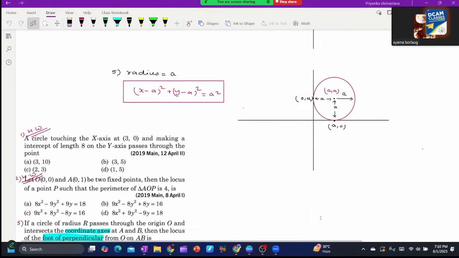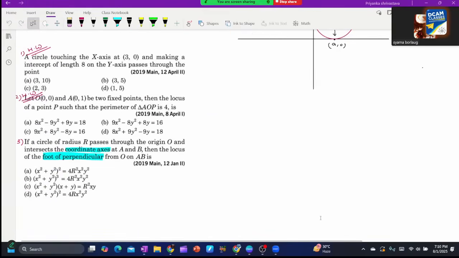Sir, what can be asked? What is the tough part in straight lines, or in coordinate geometry, that can be asked in JEE Advanced? In advanced questions, Shyama, whenever we talk about advanced questions, they usually do not give separate questions like one question from straight line, one from circle.